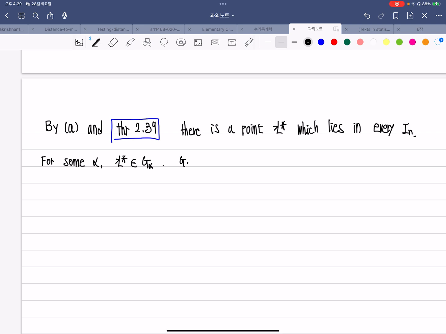Note that G alpha is open, so there exists a positive number r such that B_r(x star) is contained in G alpha.